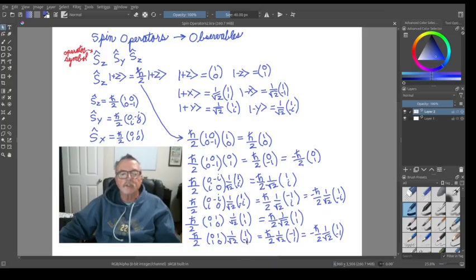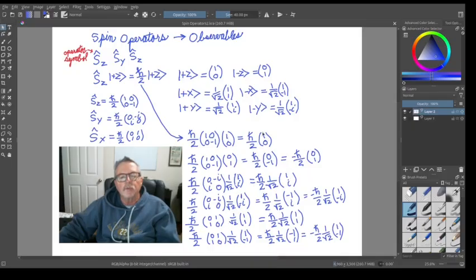So what we want to see is a relationship like this, where we have the H bar over 2 coming out here, and the vector itself. So here's the eigenvalue, here's the eigenvector, or the eigenstate. To come up with this value right here, I have to combine the row and the column together. 1 times 1 is 1, 0 times 0.